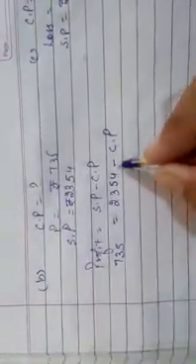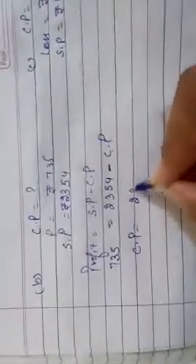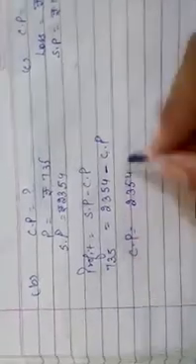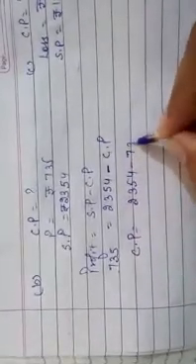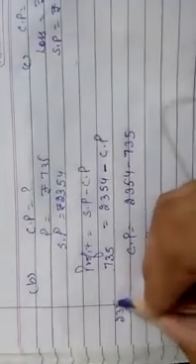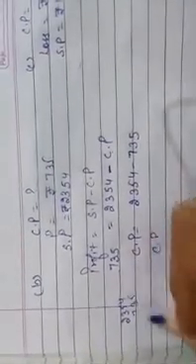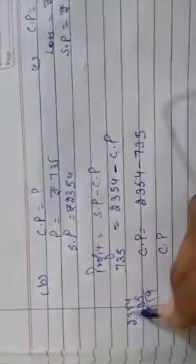So CP we have to calculate, it is negative, take it this side, it will become positive. 2354, 735 will come this side and become negative. Subtract this and find the answer. 1619 is the answer. Clear? Same way you have to solve C part also.